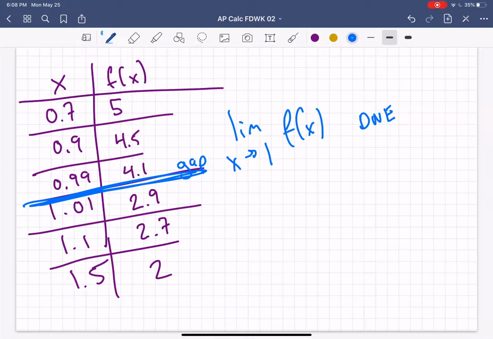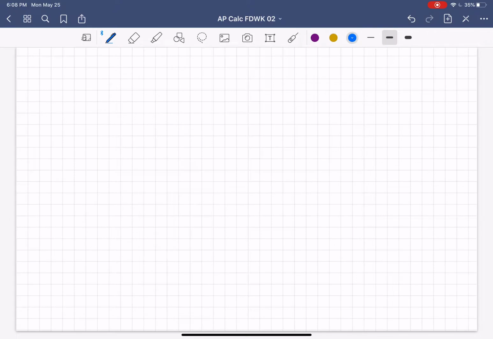So if we keep discussing this, I think graphs we can do quite easily. Tables it might take some thinking about because we have to visualize it, especially when it jumps from one number to another one that's very far away. But let's talk about how we could actually create a table like this. So let's say I wanted to find the limit as x approaches 5 of f of x.